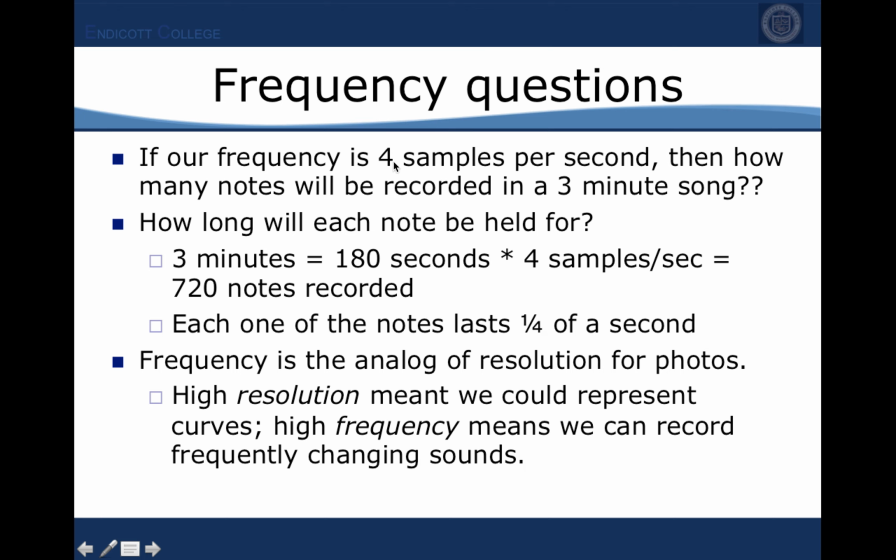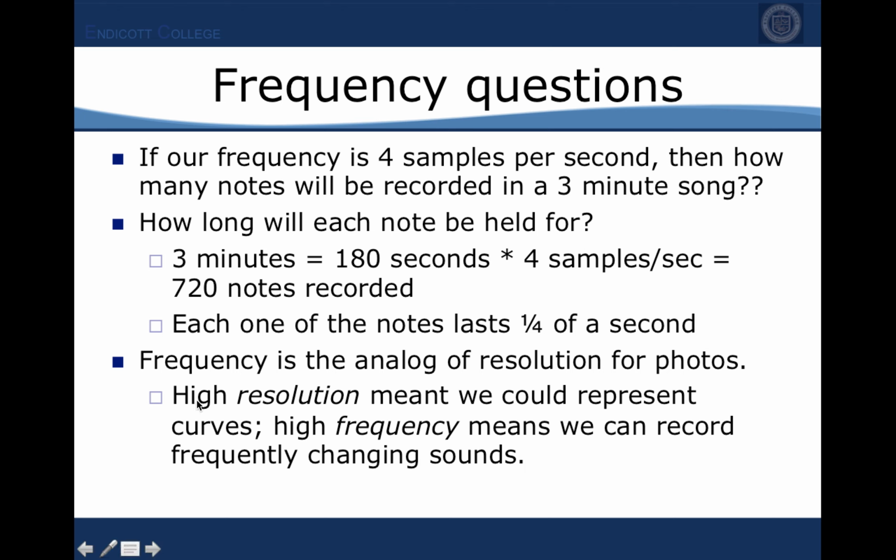So however many recordings per second you do, each of them lasts 1 over that number in terms of playback. So if you record 1,000,000 samples per second, then when you play it back, each one lasts 1 over 1,000,000th of a second. And that's much closer to what we actually experience in the real world for a recording, which sounds crazy, but we'll get there.